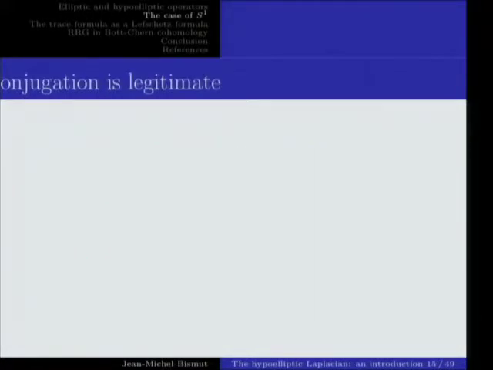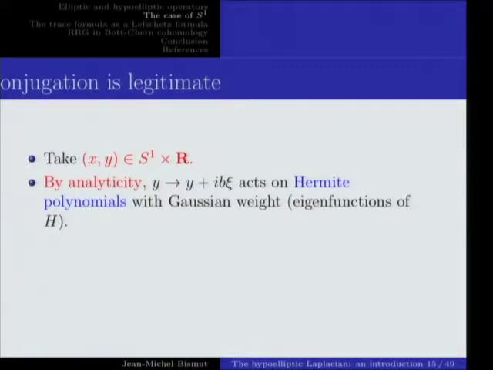That's precisely the case. The conjugation is legitimate. So again, let's take x, y in S1 cross R now. What I'm saying is that by analyticity, even though imaginary translation in the variable y does not act on smooth functions of y or on any Sobolev space, it acts on the eigenfunctions of the harmonic oscillator. The eigenfunctions of the harmonic oscillator are all actually analytic functions. The ground state, as I mentioned, is the Gaussian distribution, and the other ones are just products of the Gaussian function by polynomials.